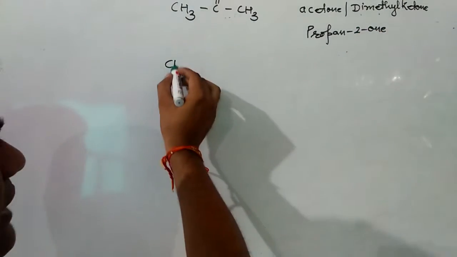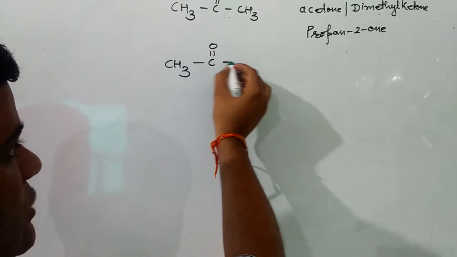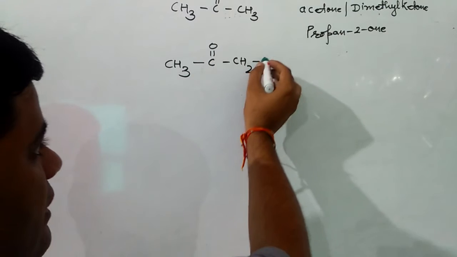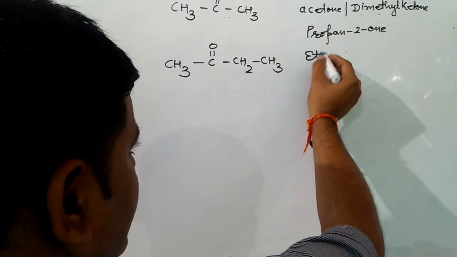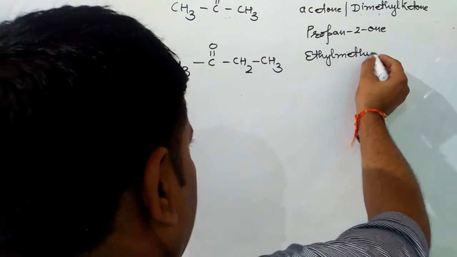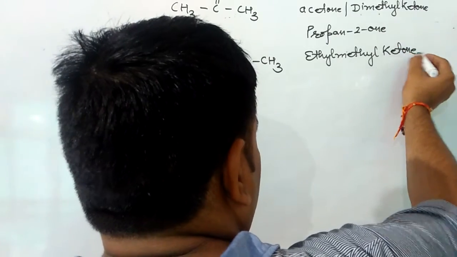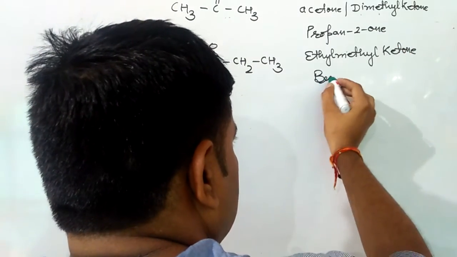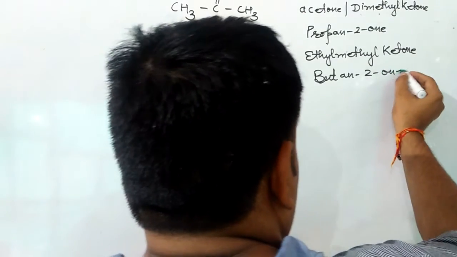Similarly, next one is CH3 C double bond O CH2CH3. Common name for this is ethyl methyl ketone, and IUPAC name will be butan-2-one.